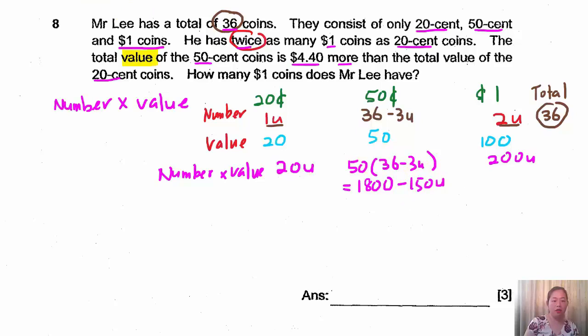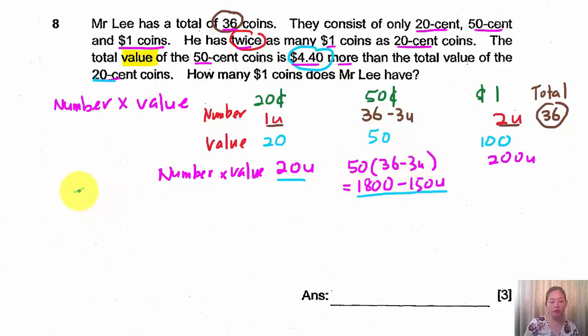So right now, the biggest clue that we have is here. This is actually a quantity value, you know. The total value of the 50-cent coin, which means this one, is 440 more than this one. If you don't understand this sentence, allow me to draw a quick model to show you.